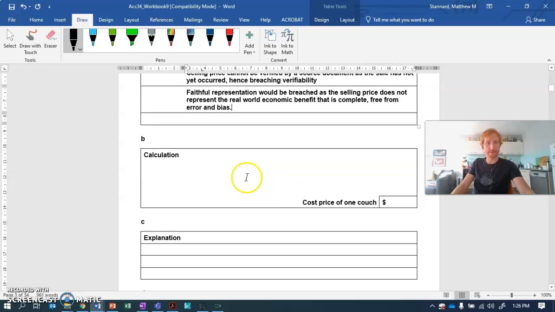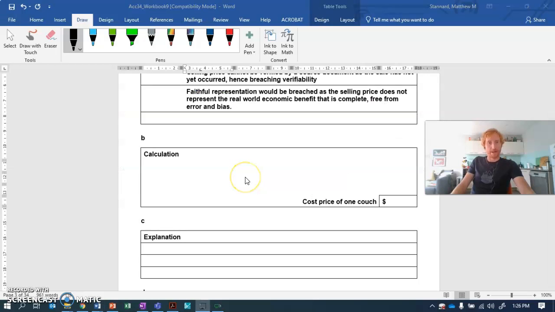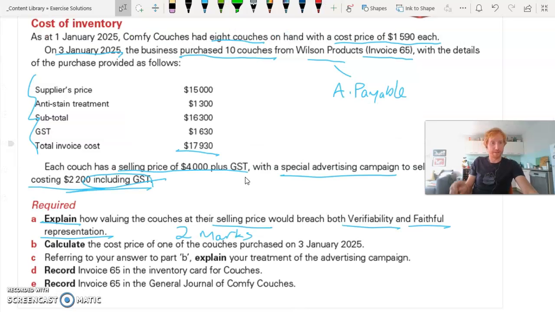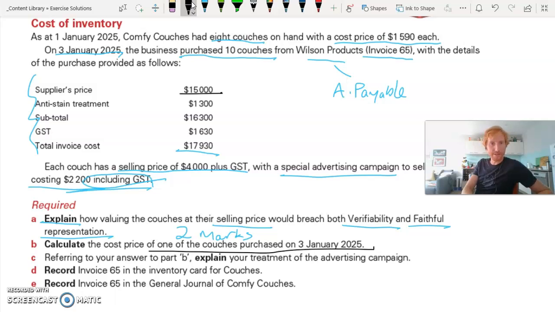Okay, so next, go up to the top here. Calculate the cost price of one of the couches on 3rd of January 2025. Here we have the supplier's price of 15,000. We're looking for all costs incurred in getting inventory into a condition and location ready for sale. So that's 15,000. Anti-stain treatment, that's before it gets to your store, 1,300.